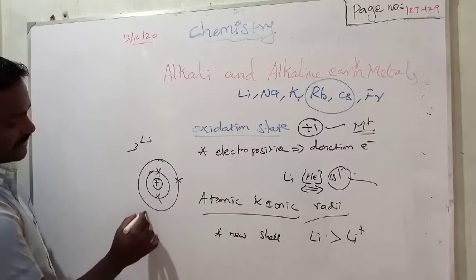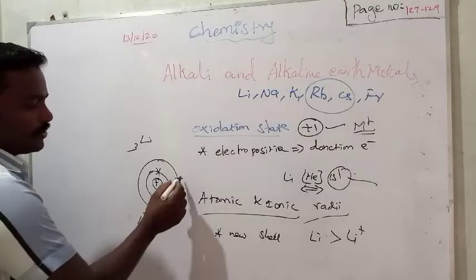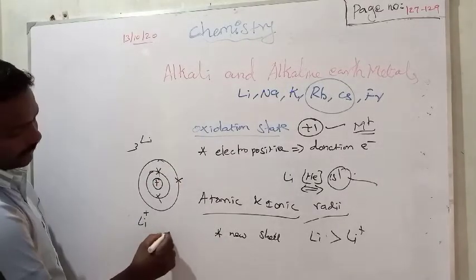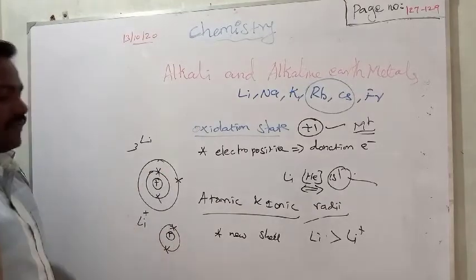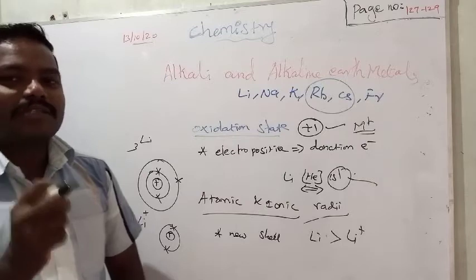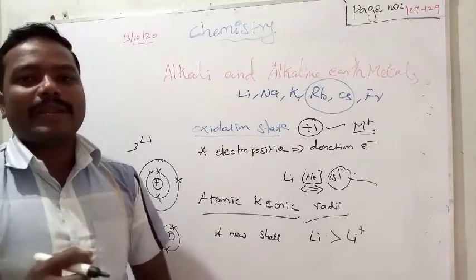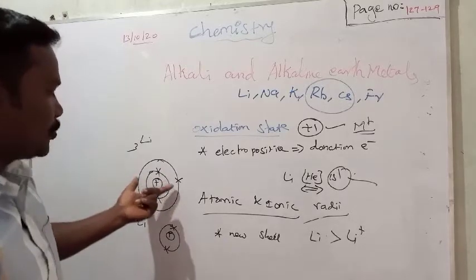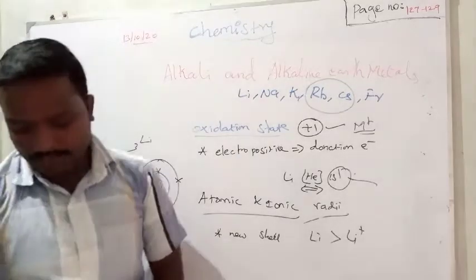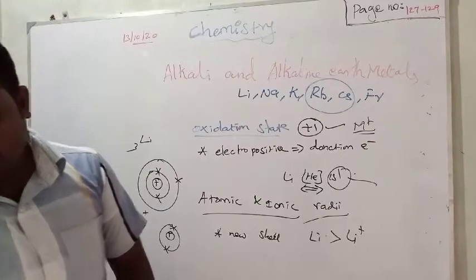For lithium plus, 1 electron is lost. So with this electron gone, the remaining is only 1 shell with 2 electrons. Because of this, the monocationic first group element has a lower size, a smaller size than the actual atom.